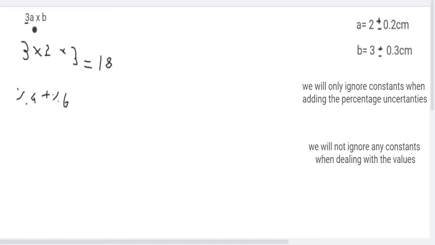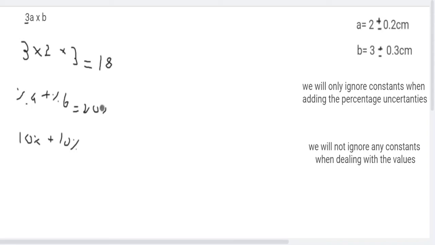I did not ignore it because we only ignore it when we are adding the percentage uncertainties. So the percentage uncertainty of A I calculated earlier was 10%, and in B it was 10% as well. So I get my final answer as 20%.